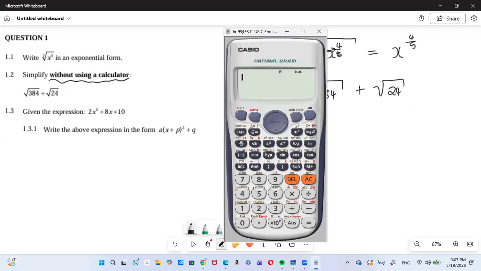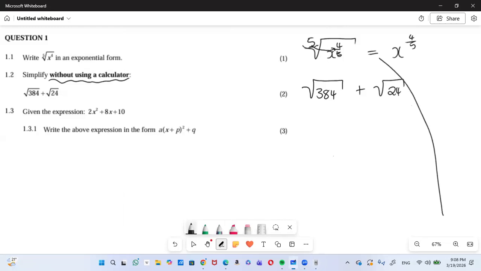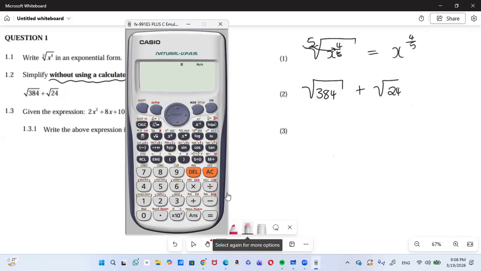In this case, we are going to use a calculator in the sense that we're going to put our first term, which is square root of 384, in our calculator.